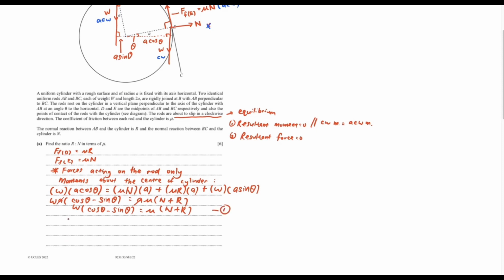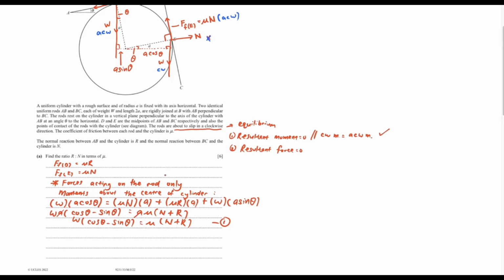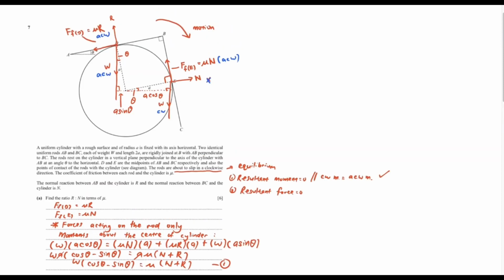Now, we have considered the moment. Let's consider resultant force equal to 0. Our forces are acting on the rod only, so let's see on these two rods, considered as one set. The force we have, N. Let's say I follow a particular direction. I follow AB first.